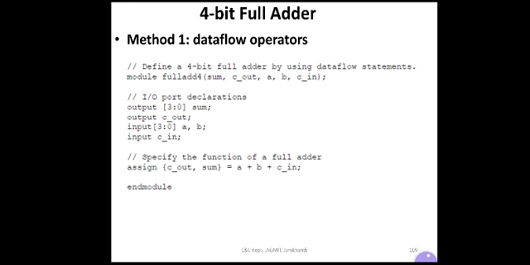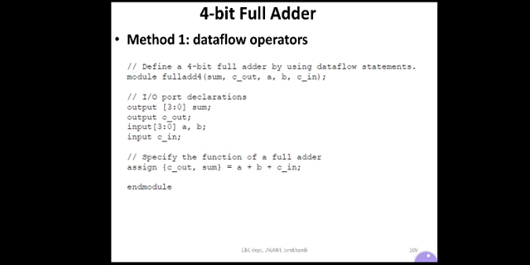Now the only thing you need to do for writing the 4-bit full adder is first calculate the size of the output. Our output is sum and cout. Cout will be the most significant bit and sum is 4 bits, so in total 5 bits.